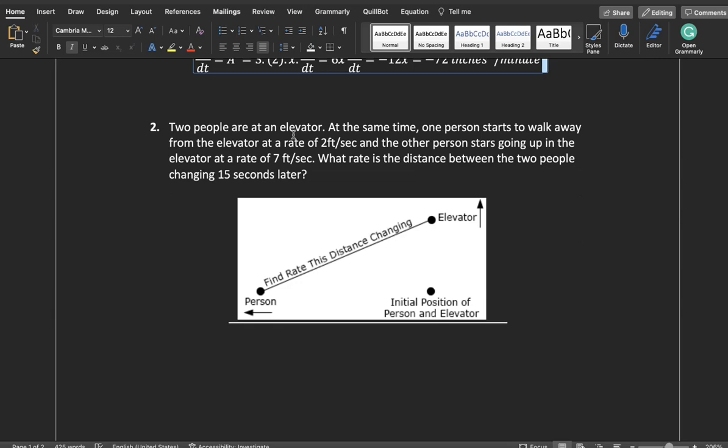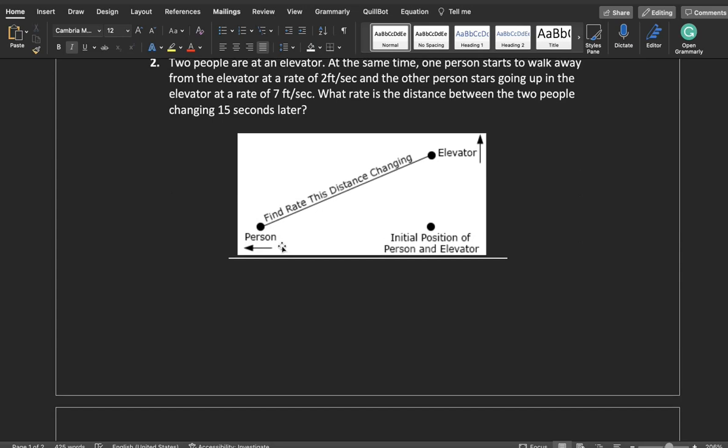At the same time, one person starts to walk away from the elevator at a rate of 2 feet per second, and the other person starts going up in the elevator at a rate of 7 feet per second, right? And we are basically asked to find the rate at which the distance between the 2 people is changing 15 seconds later.